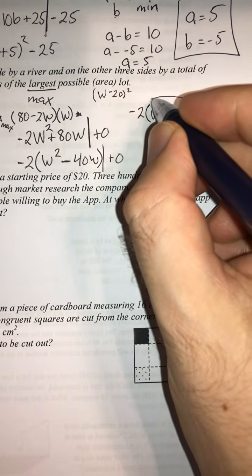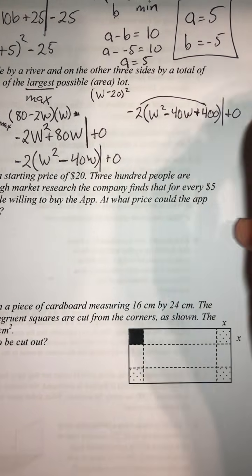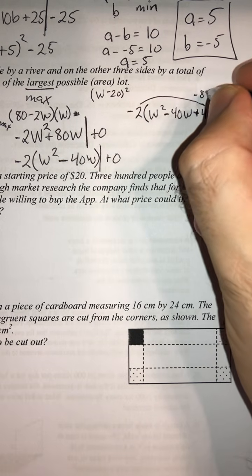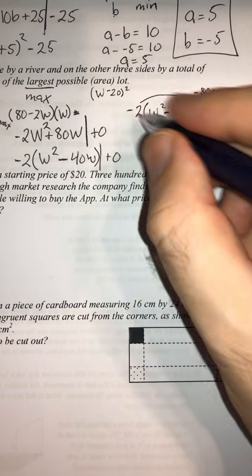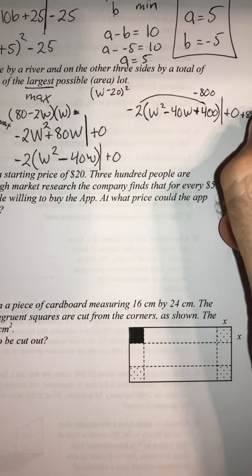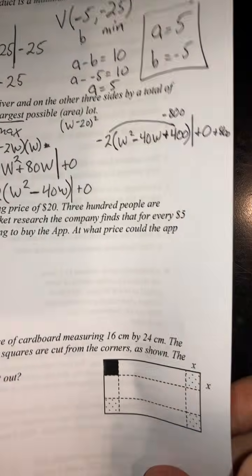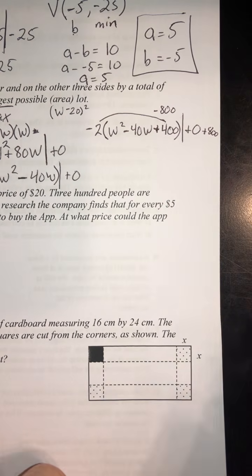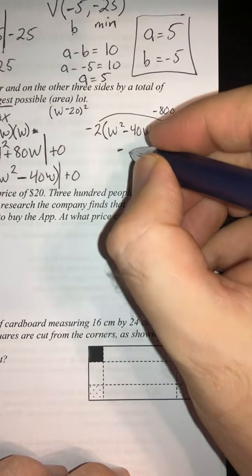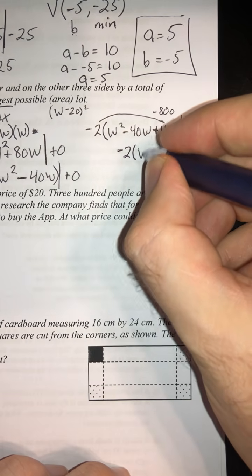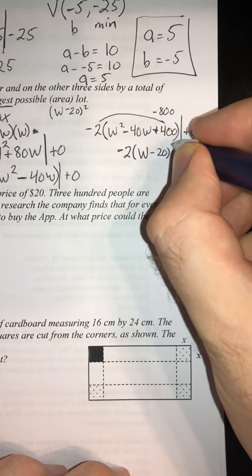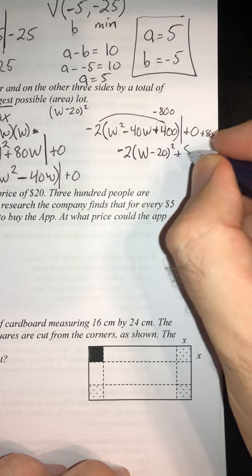When I multiply these two together, negative 2 times 400 gives me negative 800. So I'm essentially subtracting 800 from this side, so I need to add 800 onto the other side. Sorry, you can't see that. Like such. So I get negative 2 times W minus 20 all squared plus 800.